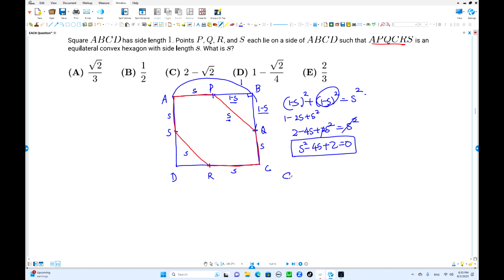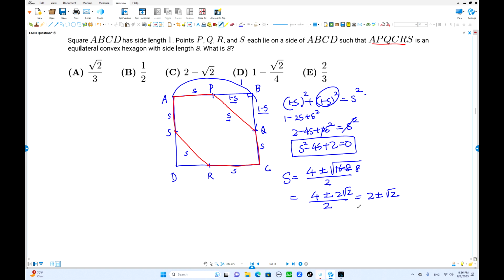What is the quadratic formula? s equals negative b, which is 4, plus or minus the square root of 4 squared, 16, minus 4 times a is 1, c is 2, which is 8, over 2. Okay, this is 4 plus or minus the square root of 8, which looks like 2 root 2, over 2. When you divide by 2, 2 plus or minus root 2.